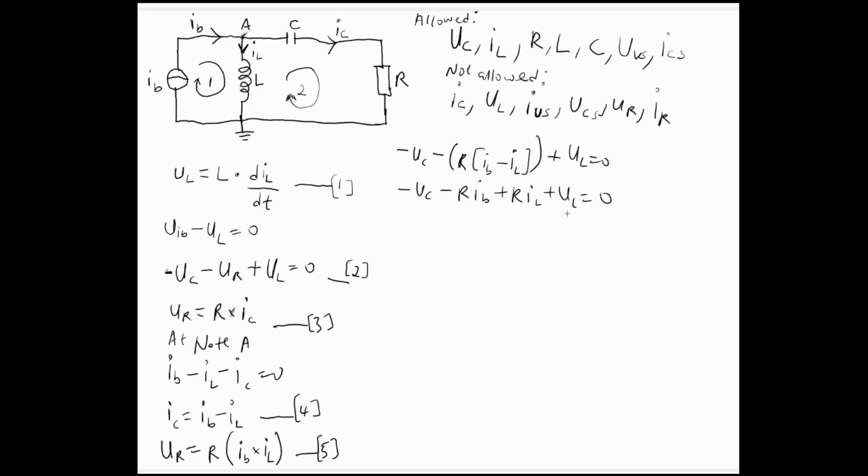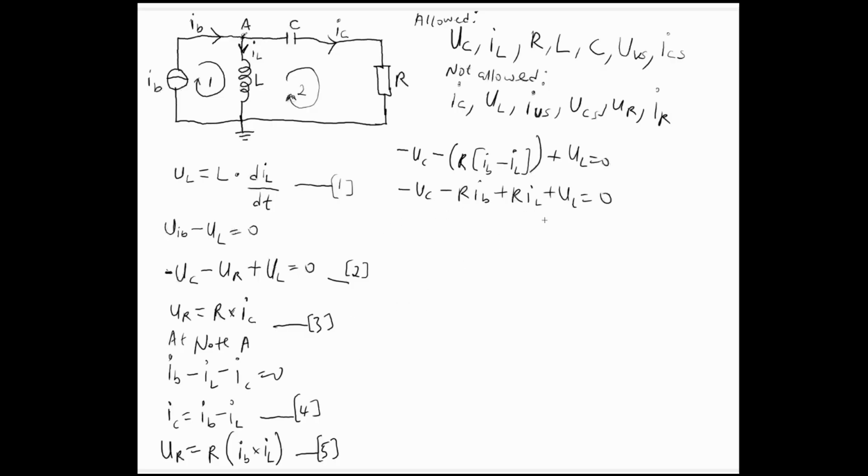However, we always reserve either the voltage across the inductor or the current through the capacitor. We always reserve it last. I usually reserve it last in case the mathematics or the equation becomes more complex.